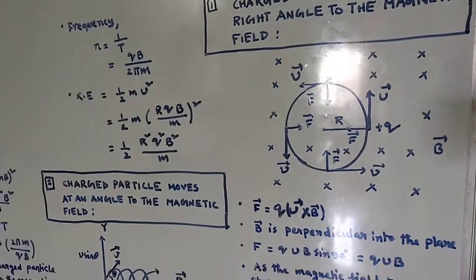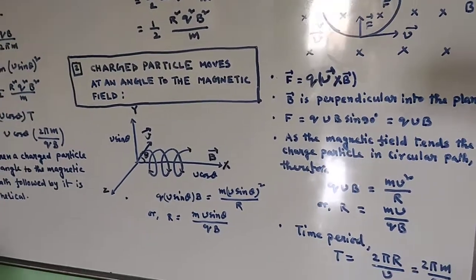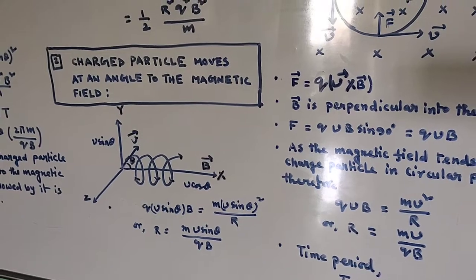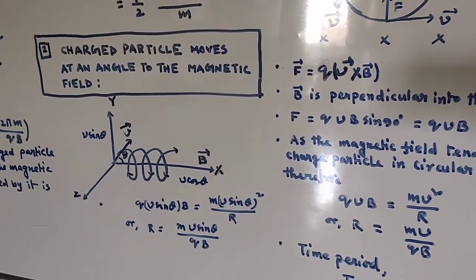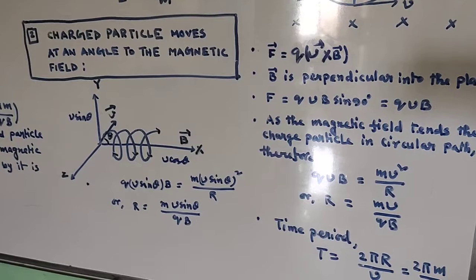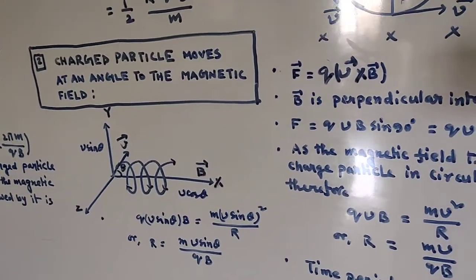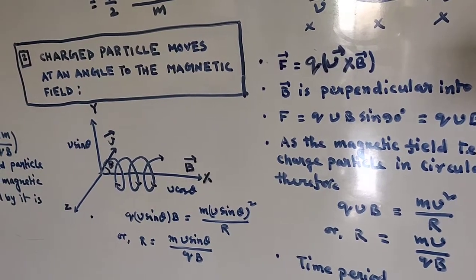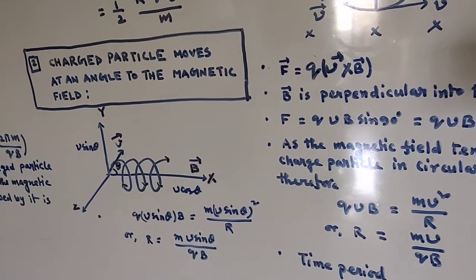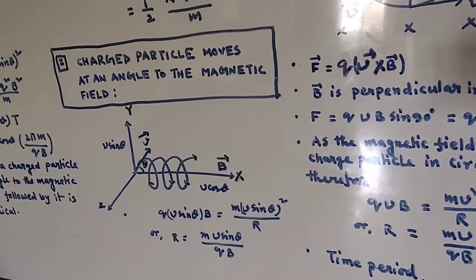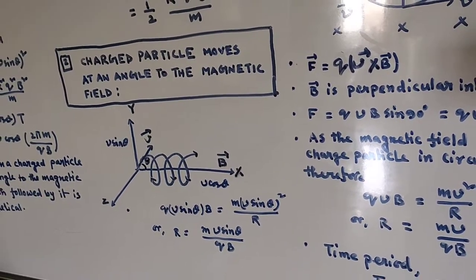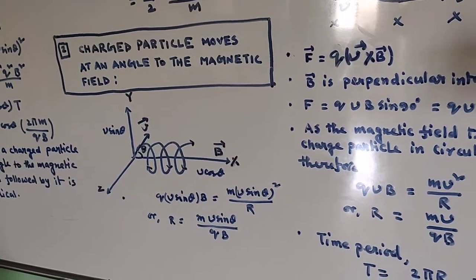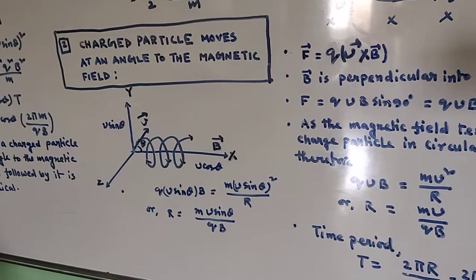So in all those expressions, instead of v we have to consider v sin theta, because v sin theta is perpendicular to B. So in the expression qvB equal to mv square by r, in place of v we substitute v sin theta. So q v sin theta B equals m (v sin theta) whole square by capital R.